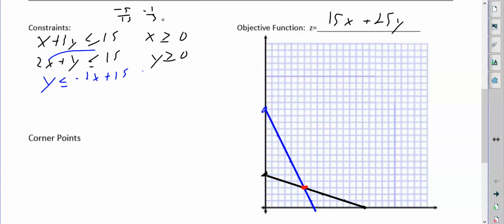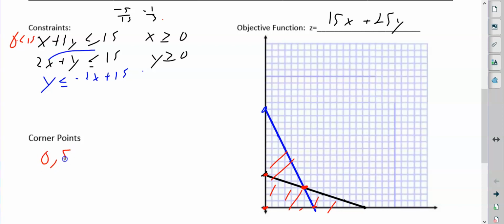So if I do 0, 0, I get 0 is less than 15. That's true. And 0 is less than 15 here. That's true. So you can tell where the area is. It's here, here, here, and actually that 7.5 is important.